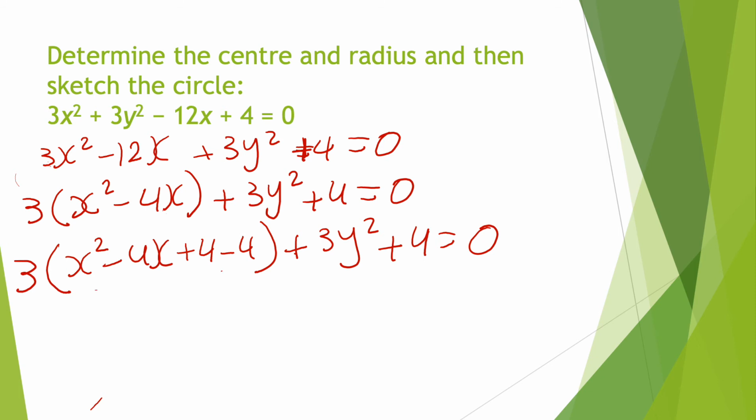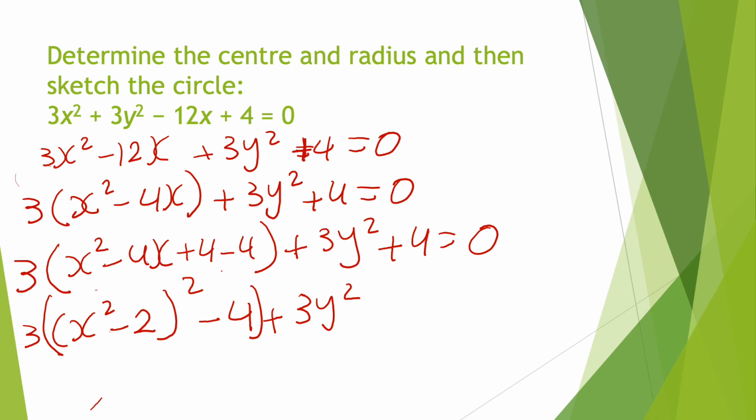Now this one here will be factorized. Notice that I've used minus 2 because when I expand I want to get negative 4x, minus 4, plus, this is all times 3, plus 3y squared plus 4 equals 0.